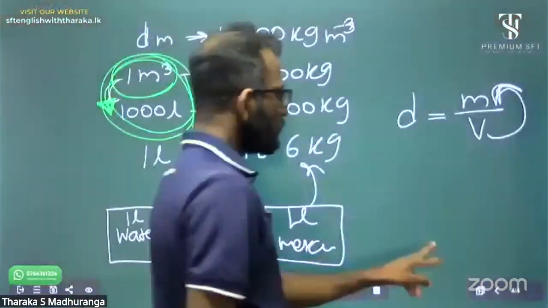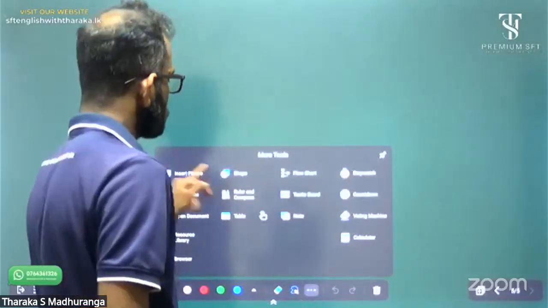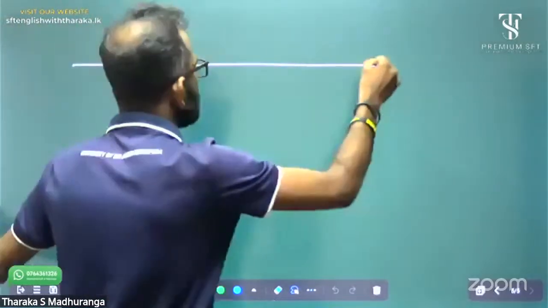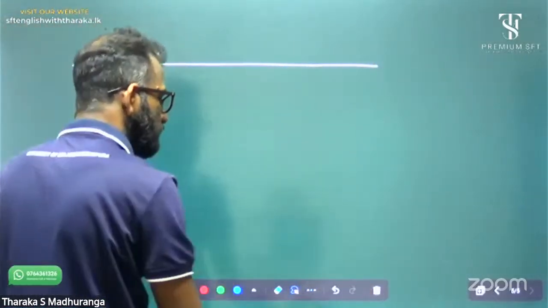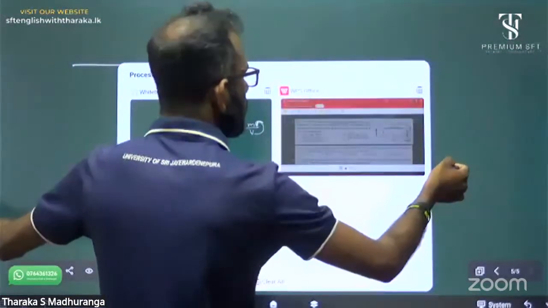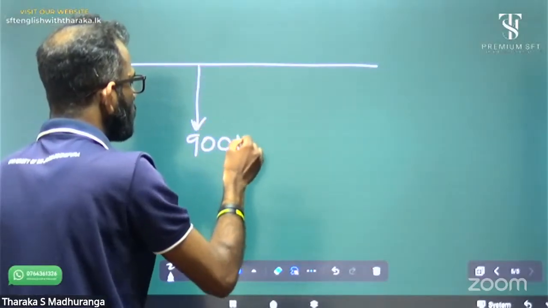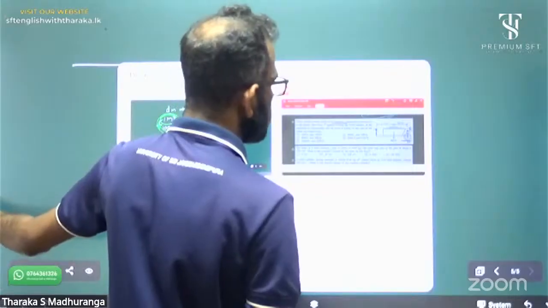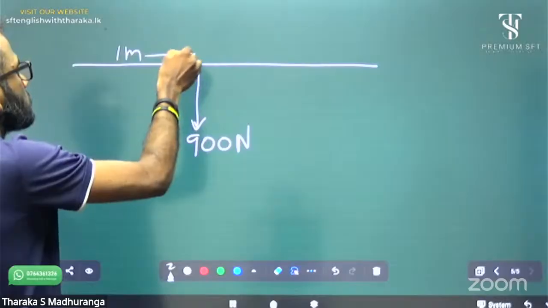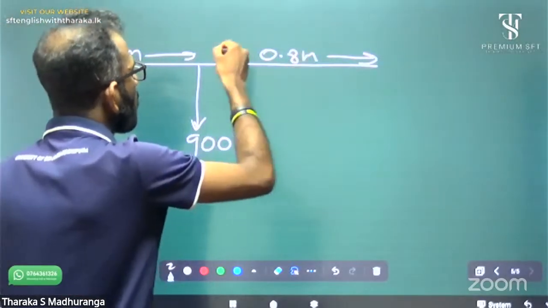First of all, you can draw this force system in your answer book. I will quickly explain, because we discussed it in the force lesson. Think of this as the axle of the wheelbarrow. There is a 900 Newton force, at distances of 1 meter and 0.8 meter.